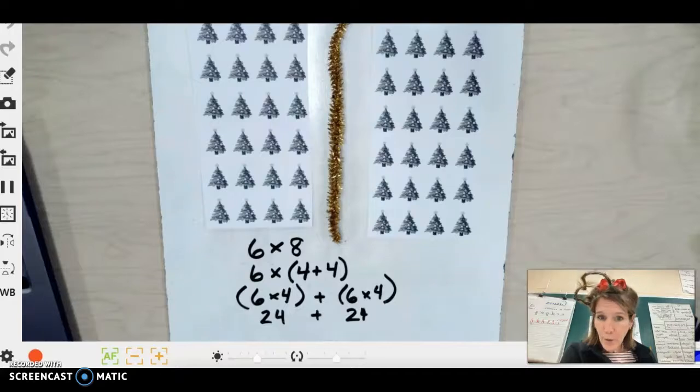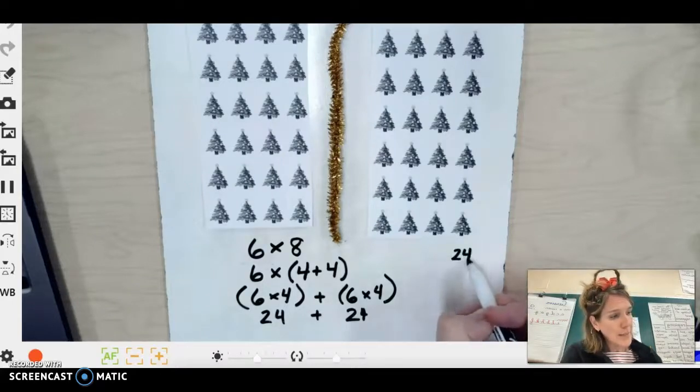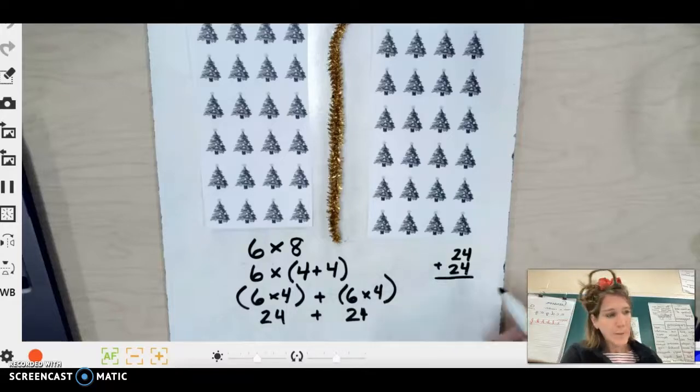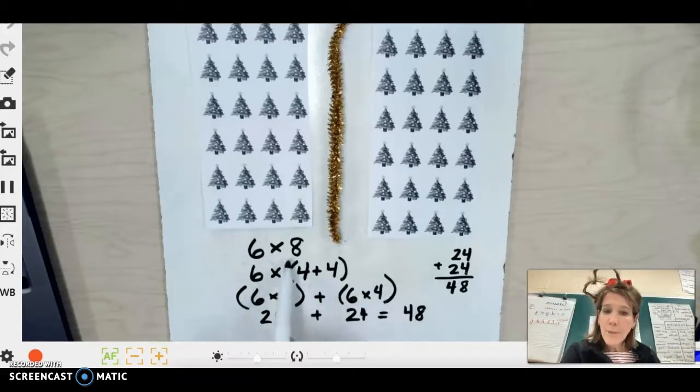Sorry, that doesn't look like a 4. 24 plus 24, if we need to, come over here on the side and stack them like elevators, or you might be able to do it in your head because there's no regrouping. 4 plus 4 is 8, 2 plus 2 is 4, so 24 plus 24 is equal to 48. So 6 times 8 is 48.